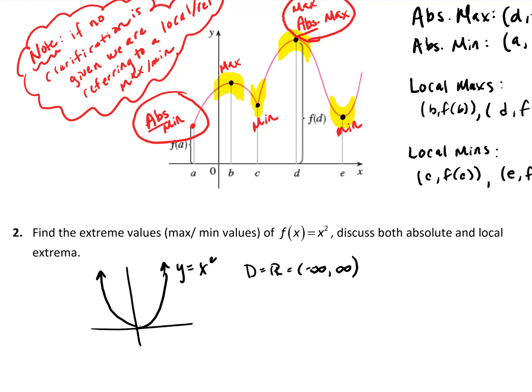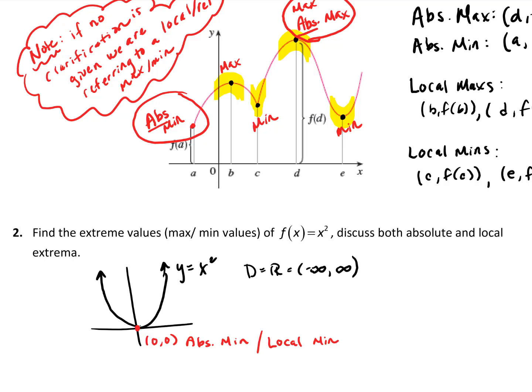So if we wanted to talk about where we've got maxes and mins, both absolute and local, we can see right here that this point at (0, 0) must be the absolute minimum. This is the absolute minimum of this graph. It is also a local minimum, or just minimum if we want to drop that classification because we noted that up above.